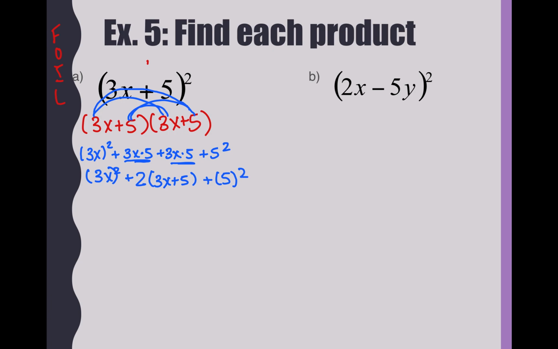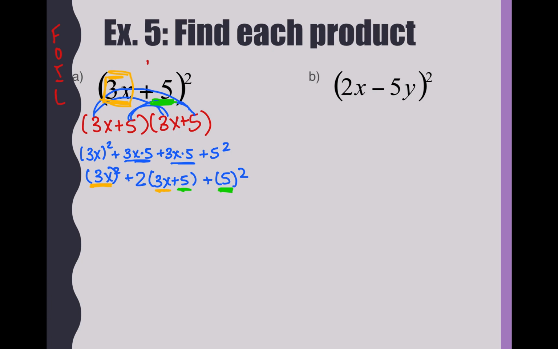Now you'll see, and this is why I wrote it this way, I have a 3x and a 3x. That's right here. I have a 5 and a 5, that 5 is right here. Now, every single problem where you find products, where it is a polynomial that has two terms squared, is always going to follow this pattern.